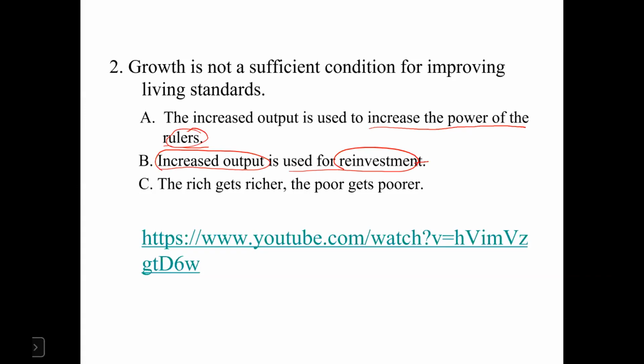And this happened in the Soviet Union, right? With that, you will see higher growth, but most of the population will suffer, right? And lastly, the rich may get richer, and the poor get poorer. So this happens in most advanced economies these days, right? And so we are going to have one slide to explain why this happens and what we can do.